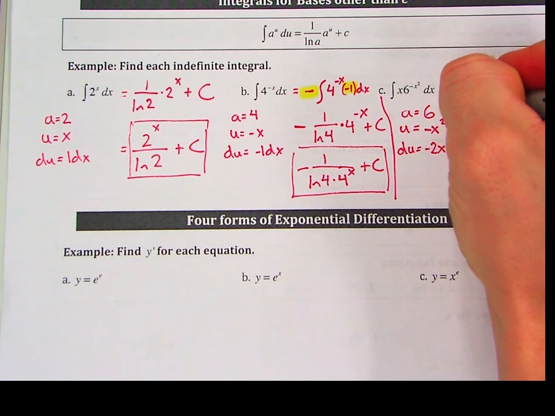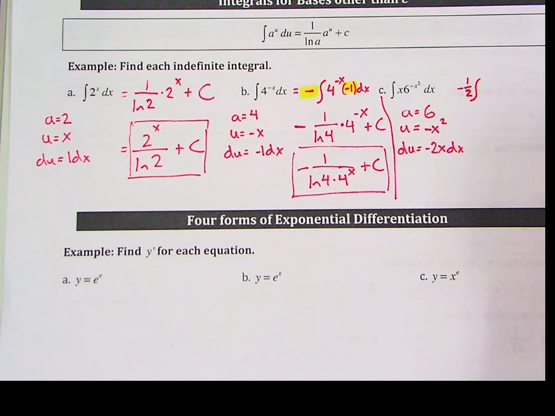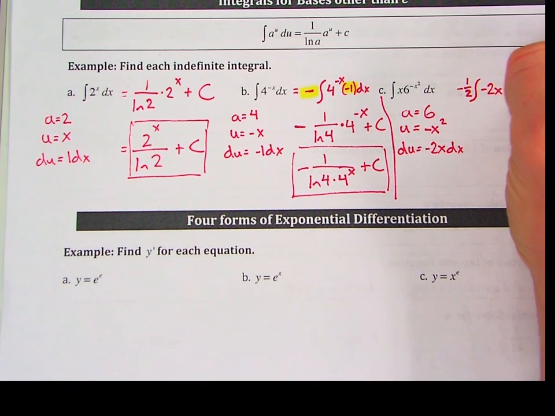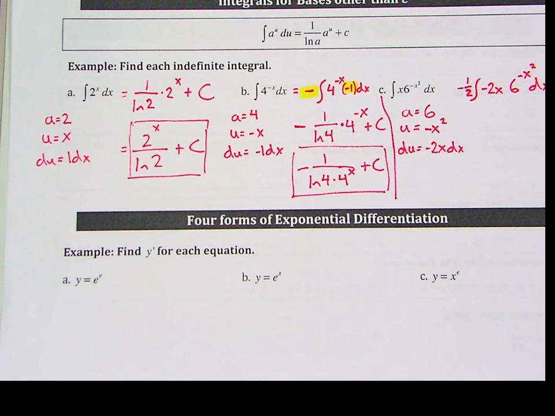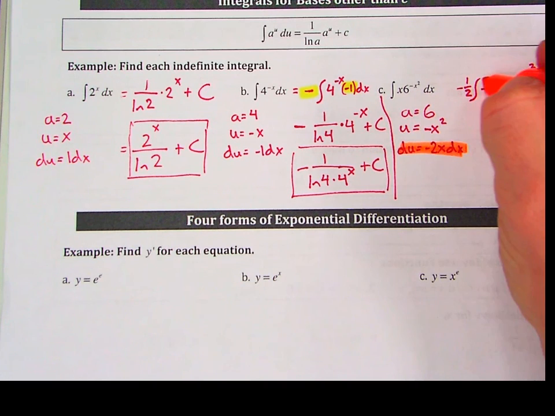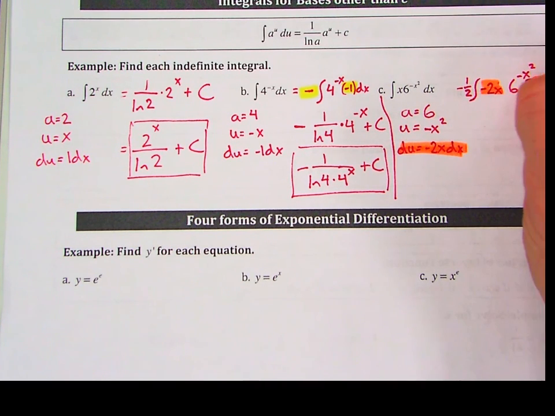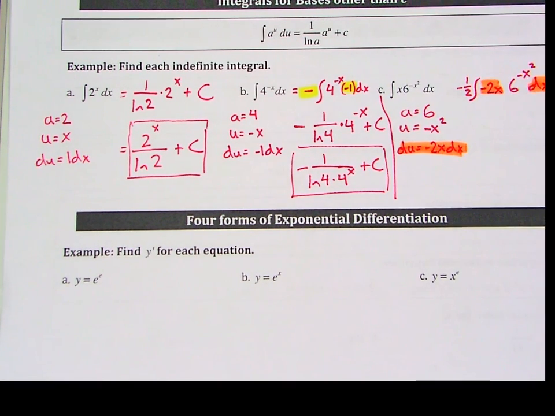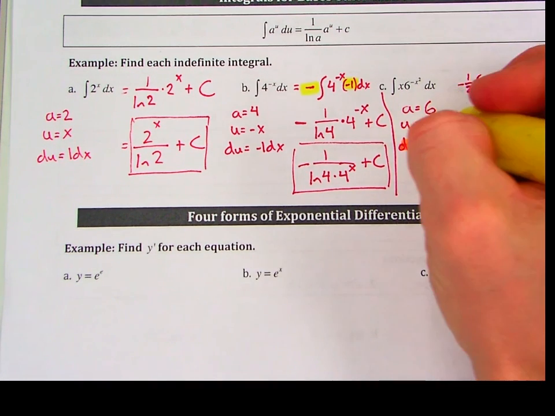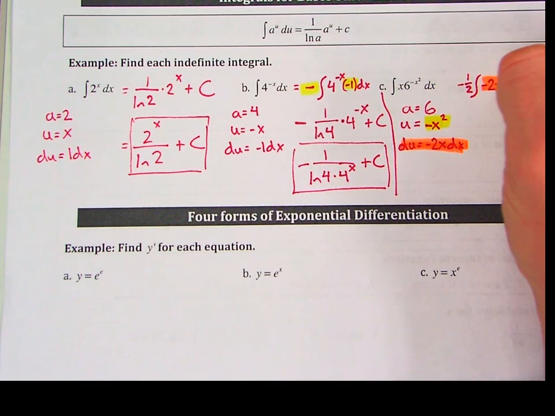Okay, so we need the negative 1/2. And we have negative 2x times 6 to the negative x squared dx. And so here is the du. And there's our u.